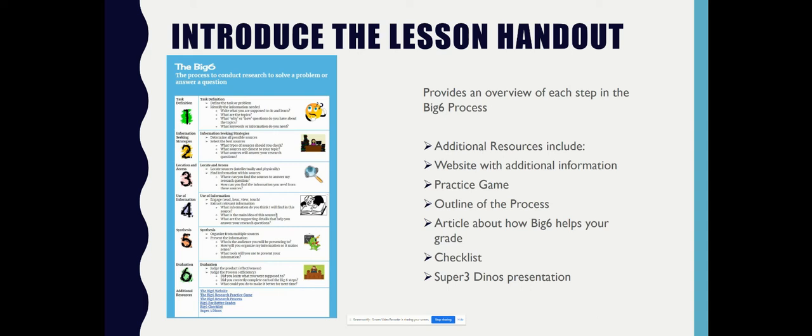There's also a game for you to practice identifying and answering questions about each step of the process. Additionally, there is an outline that I have included, an article about how the Big Six will help your grades, a checklist, and an additional presentation that explains the Super 3.